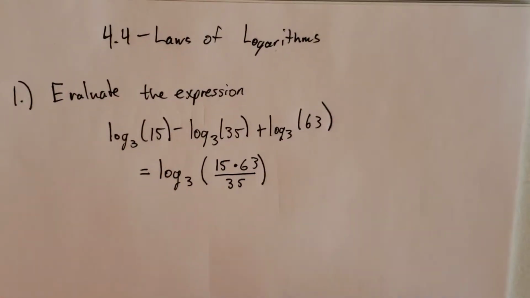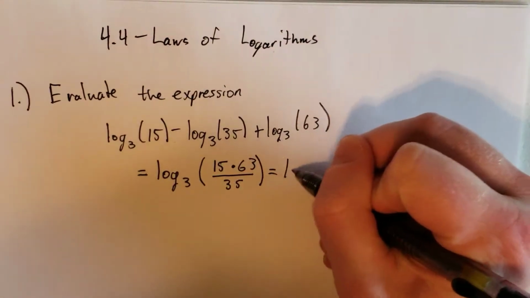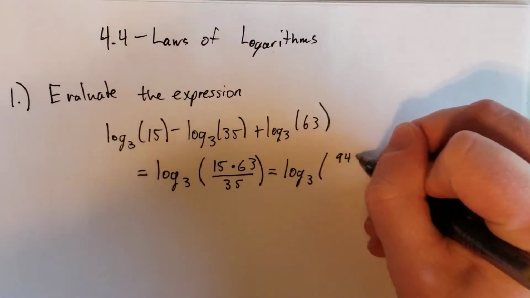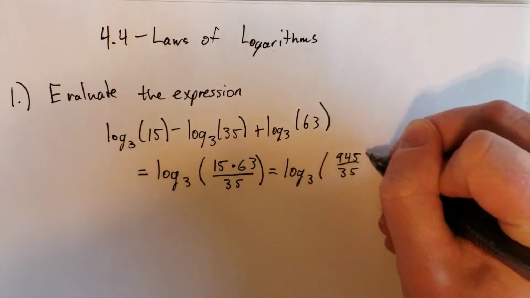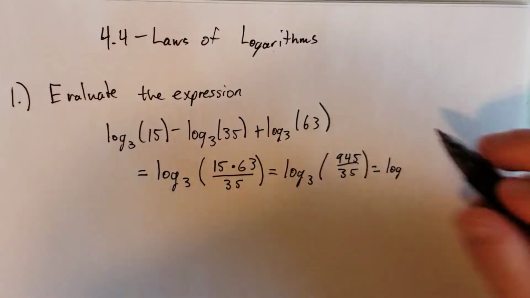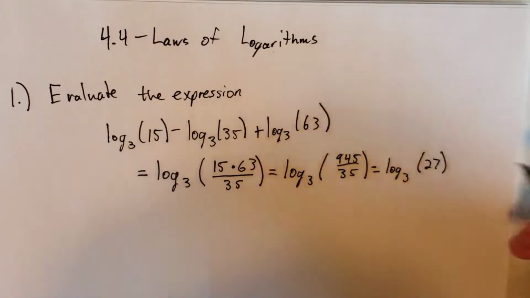So we get this expression on the inside. 15 times 63 divided by 35 becomes 945 divided by 35, so this entire expression is log base 3 of 27.